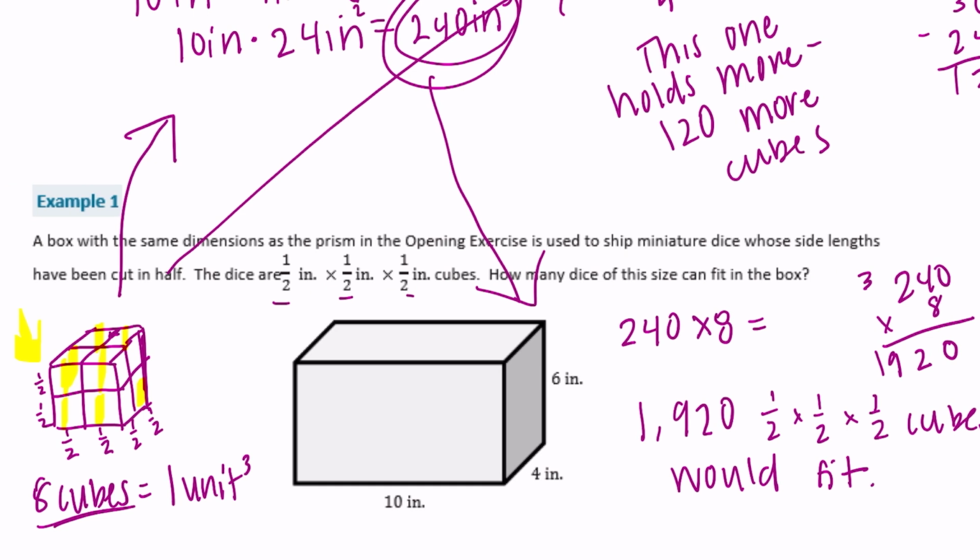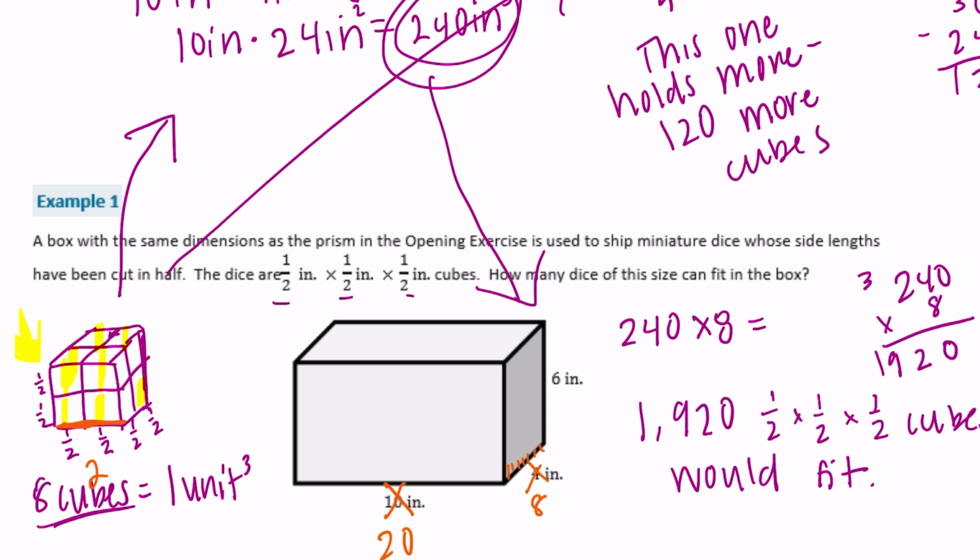Another way you could have done it, if that didn't quite make sense to you: notice that there are 2 halves in each inch, so this basically just doubled. There are 2 ½ inch sections to get us to 1. So I could double 10 and make it 20. Then I could double 4 and make it 8, because there are going to be 8 little halves.